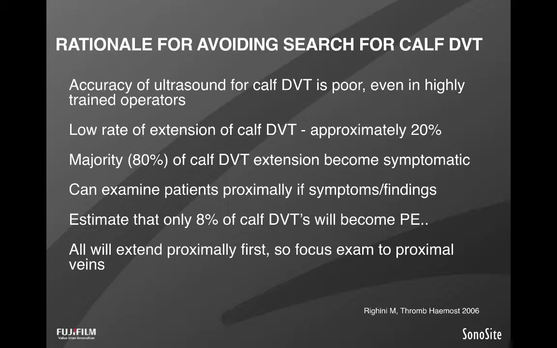Most of the DVTs that are going to propagate or have propagated will show some remnant or existence in the proximal veins of the lower extremity. And that's usually when they become symptomatic; they have to extend proximally first. Only about 8% of calf DVTs will eventually go on to PE. They will become proximal first. So when I have a question, I look proximally.